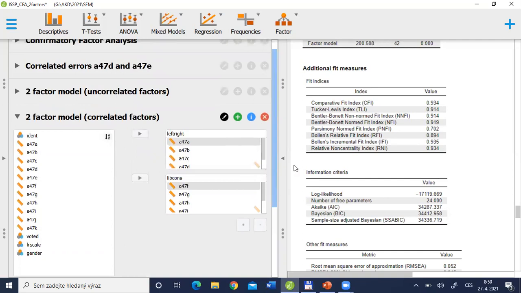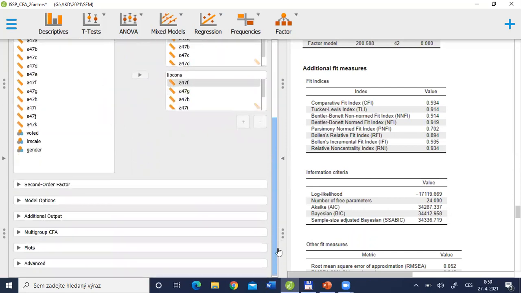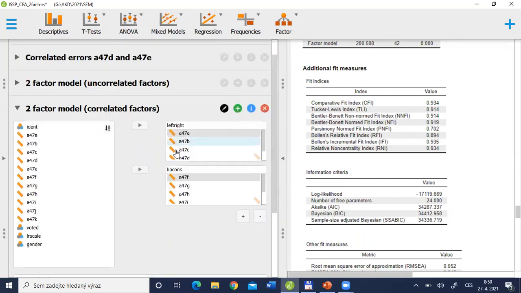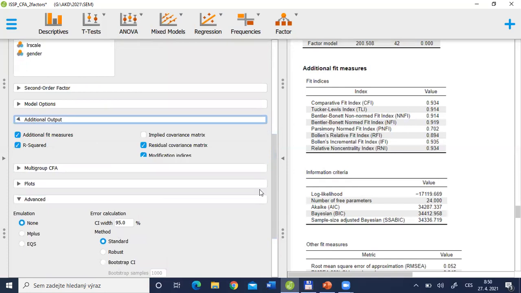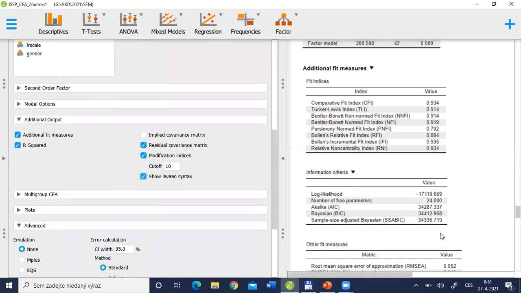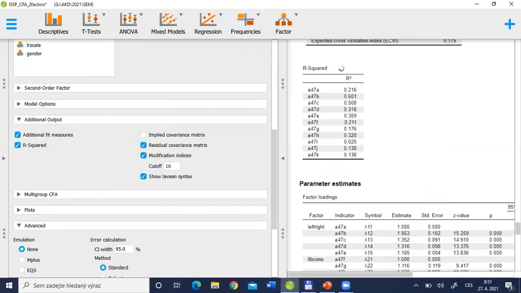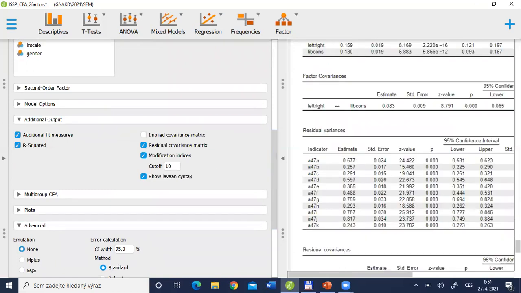So if we would like to switch to SEM and we wouldn't like to write all commands for this model, so all these measurement models for left-right, liberal, conservative, and some more options, I can ask here in, I guess it is additional output, yeah, additional output for Lavaan syntax. So I can go down and JASP will prepare for me commands for this CFA model. So if I go down, it should be the last output for JASP.